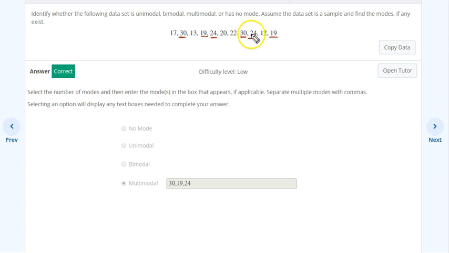Then there's a 12. So in a sense, we have 3 that are used twice. So this would be multimodal, and the order that you represent the values can be in any order, I'm assuming. Okay, that one's not too bad.